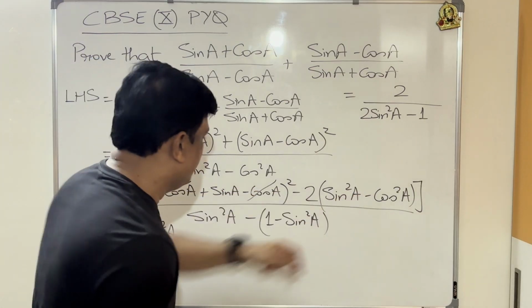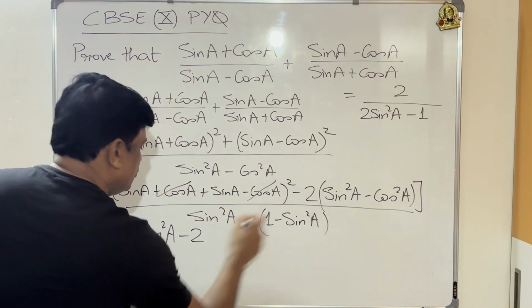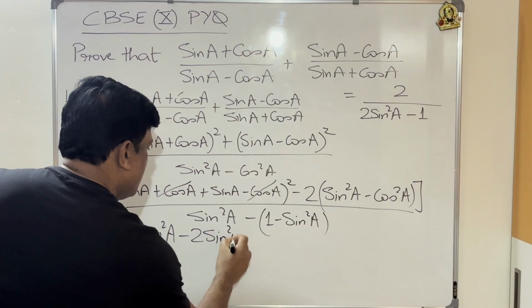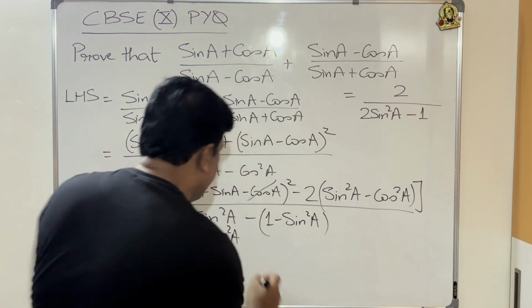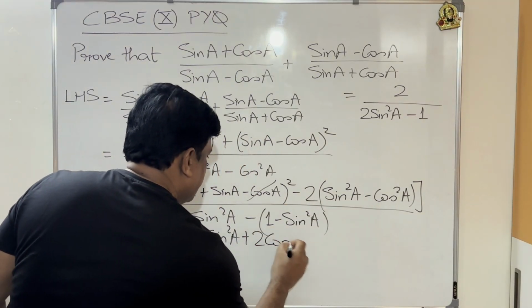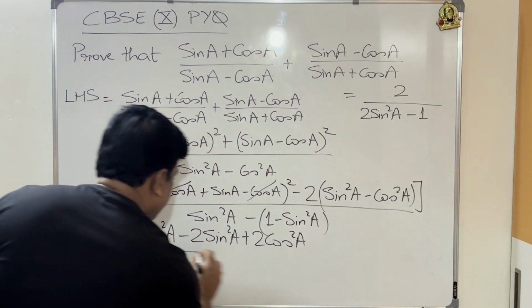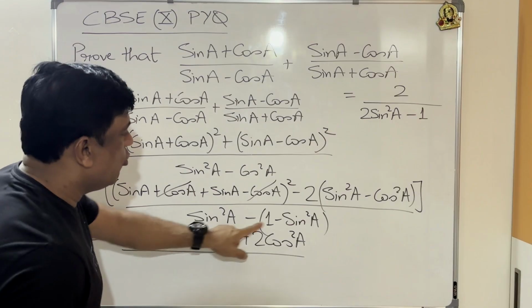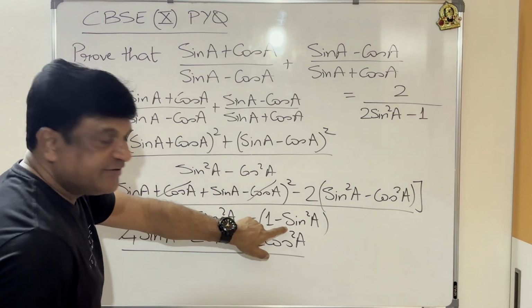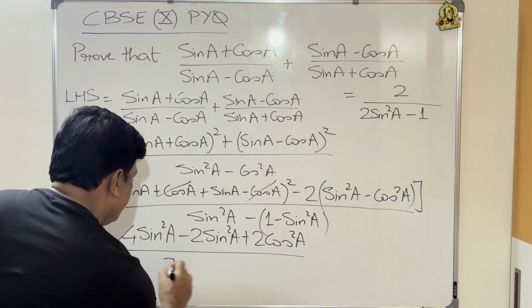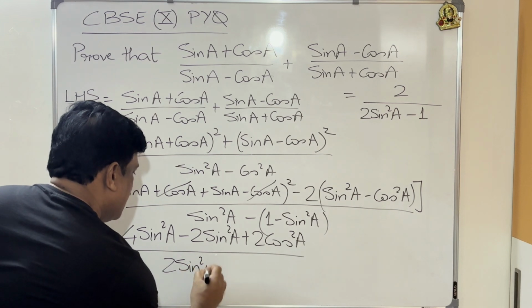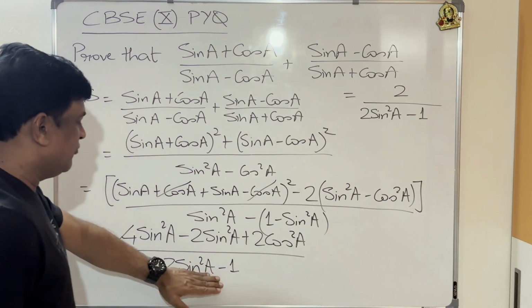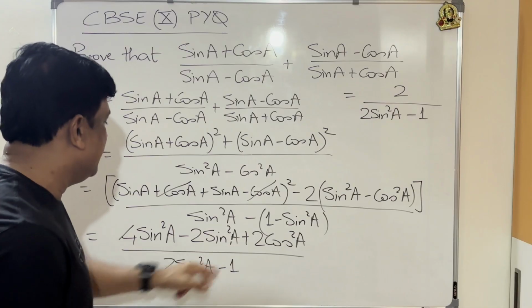And what do you get over here? You're getting minus 2 sine square a plus 2 cos square a. And in the denominator, when you open this one it will become plus sine square a. So this becomes 2 sine square a minus 1. So I have already reached the denominator. I need to resolve this.